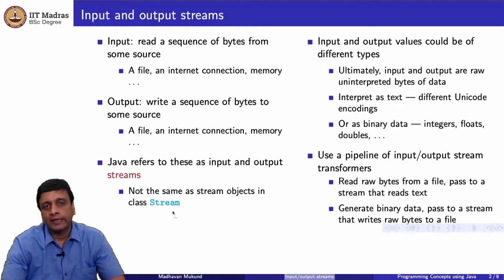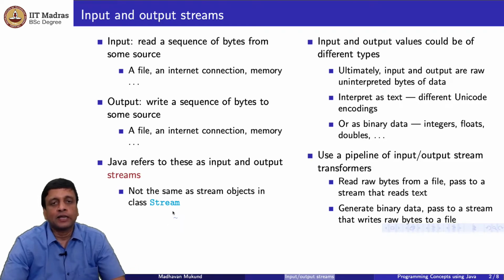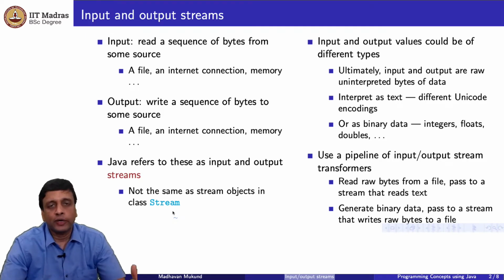It tries to modularize this process into different components. At the raw level, you would have something that can read and write bytes. Now you can read and write bytes from different external sources. So there is a separate component, a separate IO stream, which allows you to connect an external device like a file or a network connection as a stream from which you can read bytes.